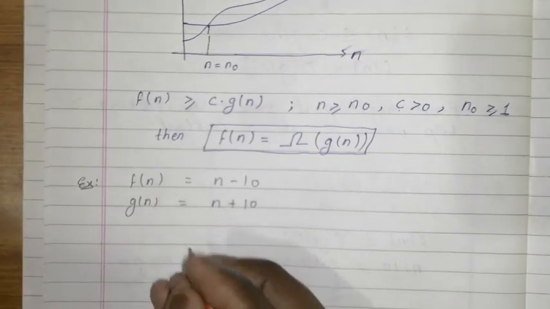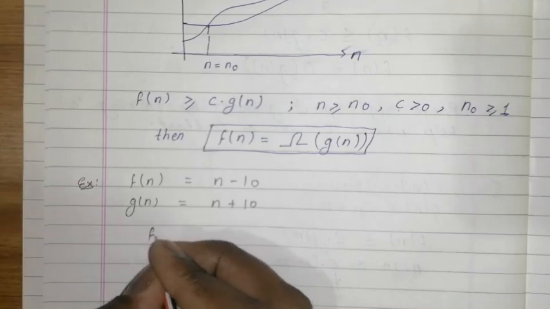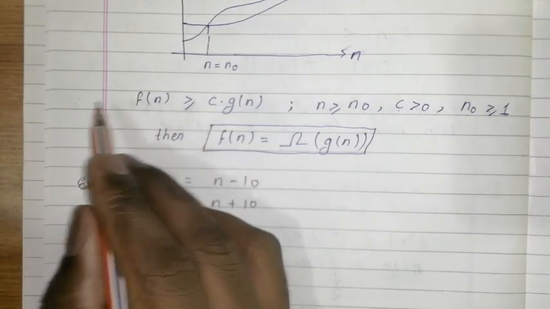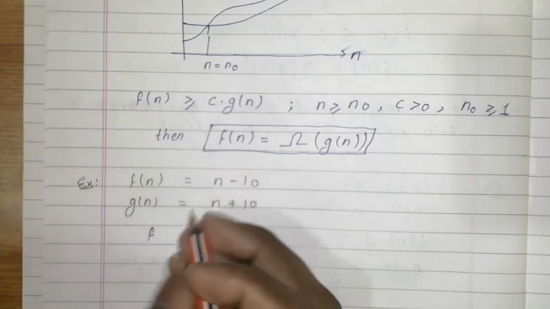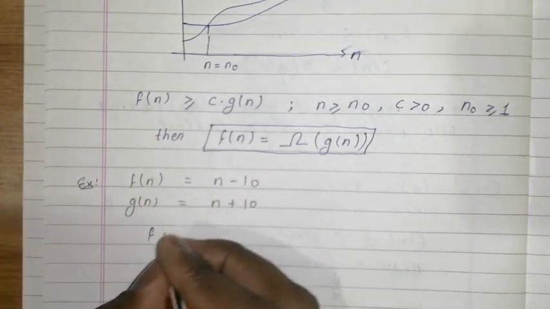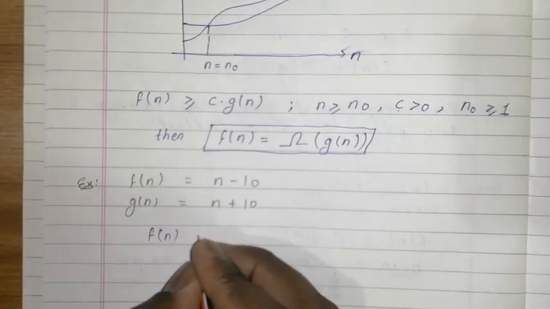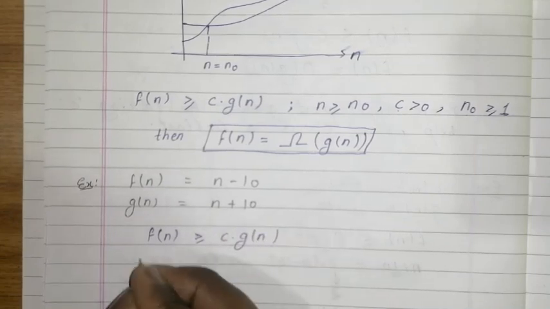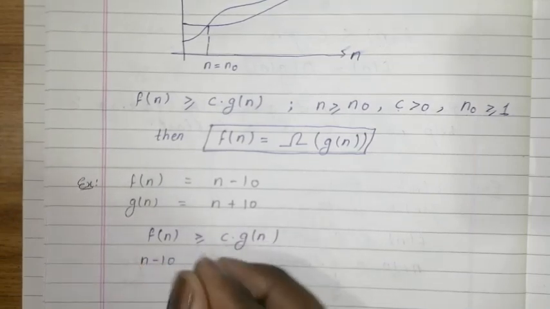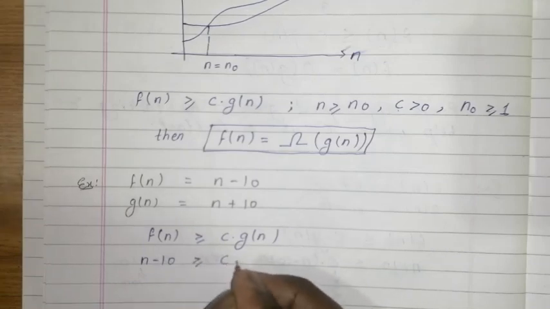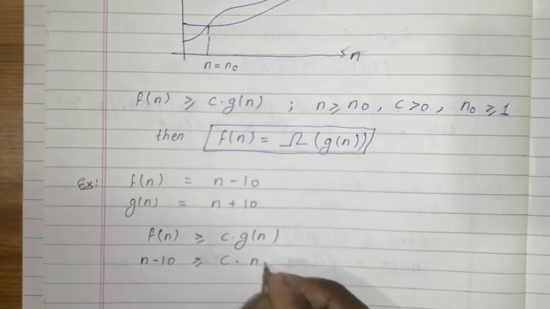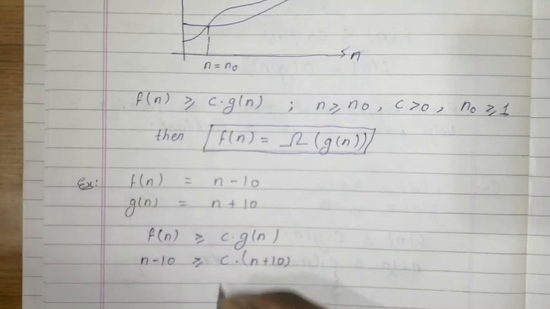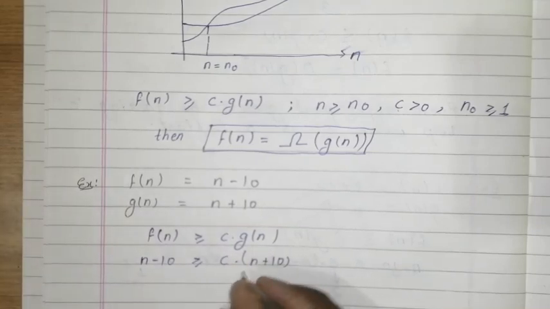In omega notation we have to prove the left side is greater, so how can we prove it? f of n is greater than or equal to c into g of n. What is f of n? n minus 10. What is g of n? n plus 10.